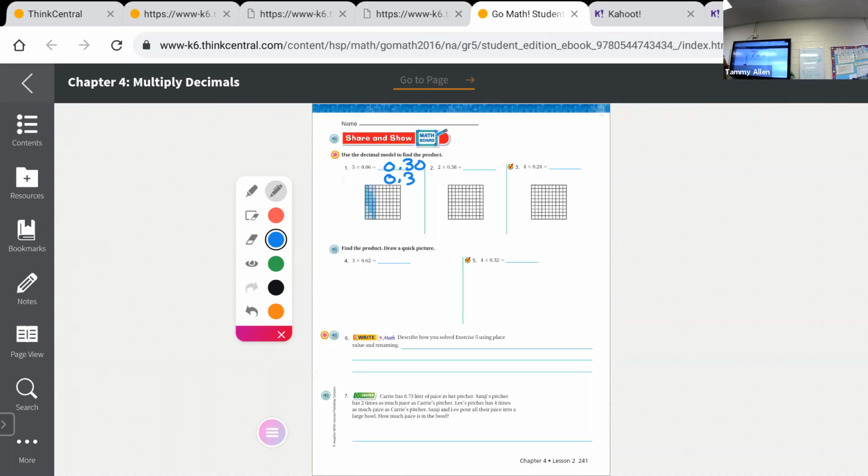Take a look at number 2. We want 2 groups of 38 hundredths. How would we shade that in? Somebody get us started. We would do what? Okay, so 3 sticks. I'm going to make this bigger. There's some actual sticks.